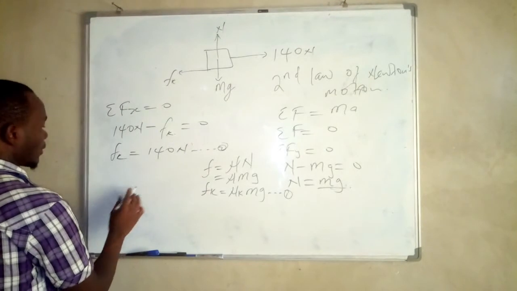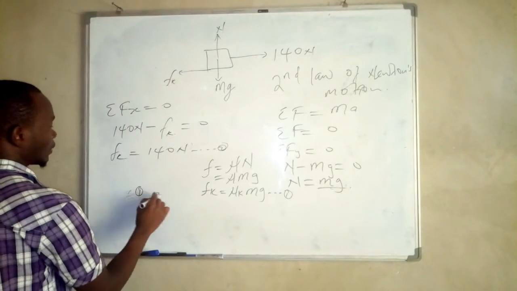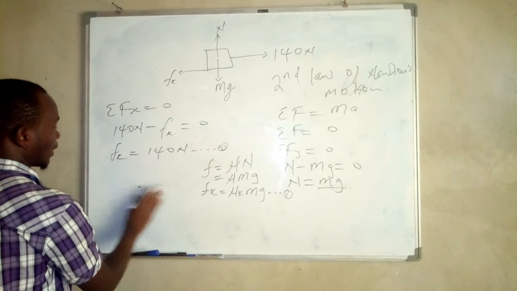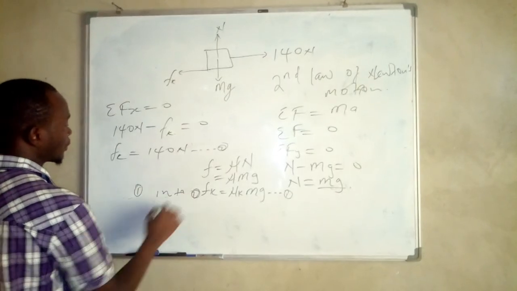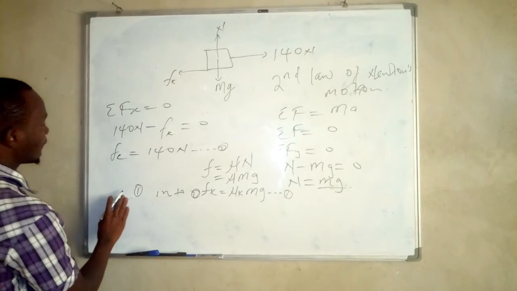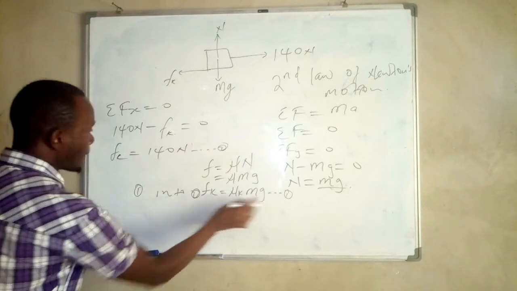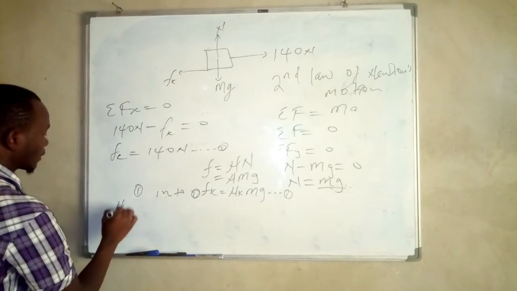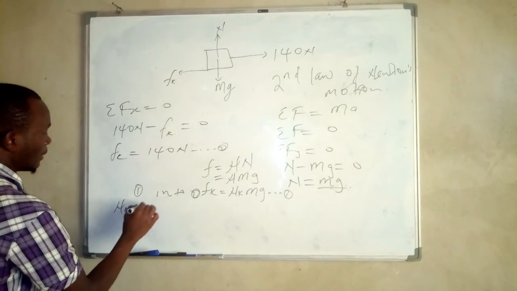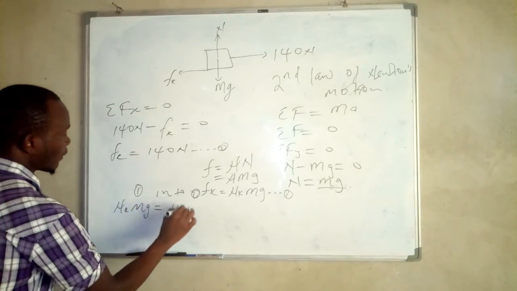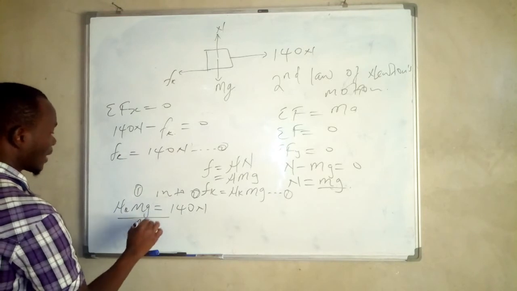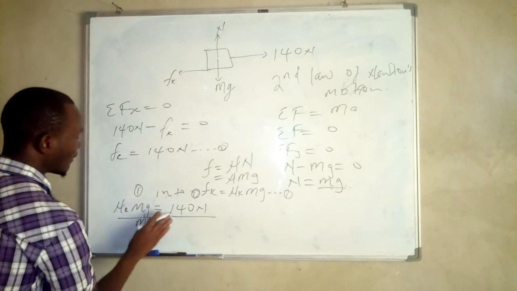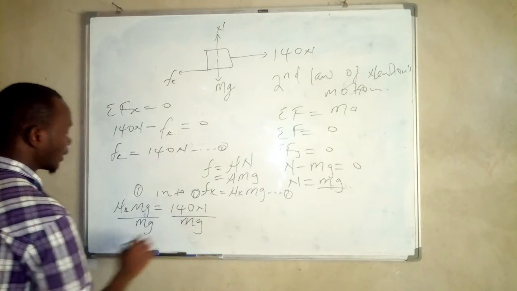Equation 1 into 2, we are going to have uk mg is equal to 140 newtons. Let's make this the subject by dividing by mg on both sides.